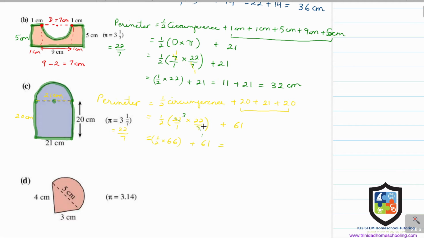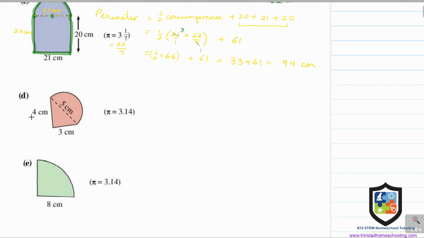So a half of 66 is going to give me 33 plus 61, which is 94 centimeters. So the perimeter of my entire shape is 94 centimeters.